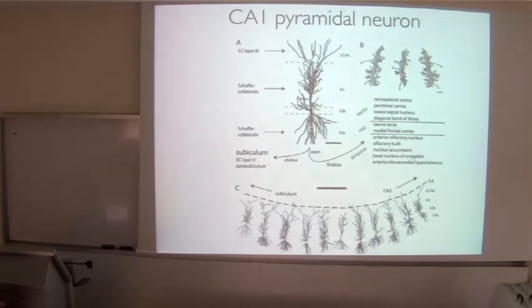So what they do here is use a method called 2-photon uncaging. The idea is that these are excitatory synapses, so they are activated by glutamate. There is a special chemical compound, which is glutamate that is caged, so it is not active. It cannot bind to the synapse. But if you shine light on that, it breaks a bond, and then the glutamate is released and can bind to the synapse.